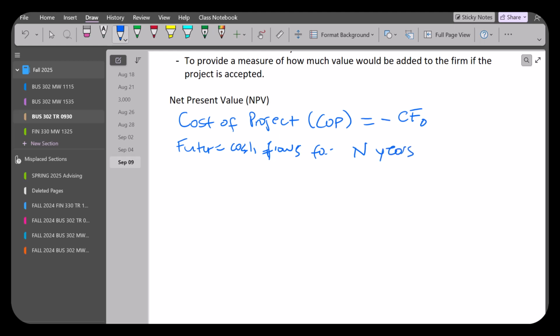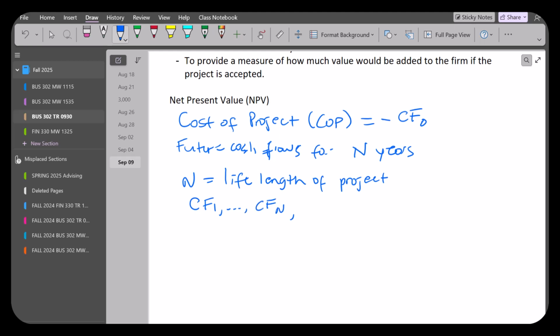Basically, n is the life length of the project. After n years, you don't expect anything from the project. And these cash flows are CF1 through CFN.